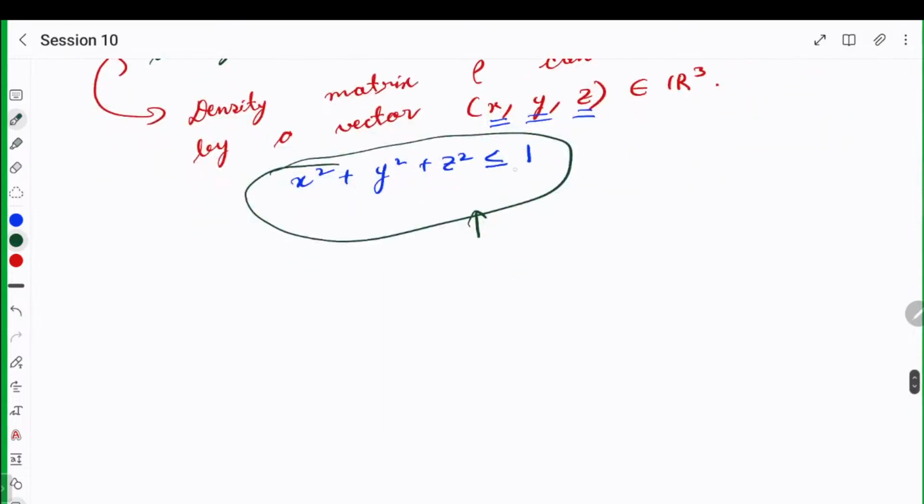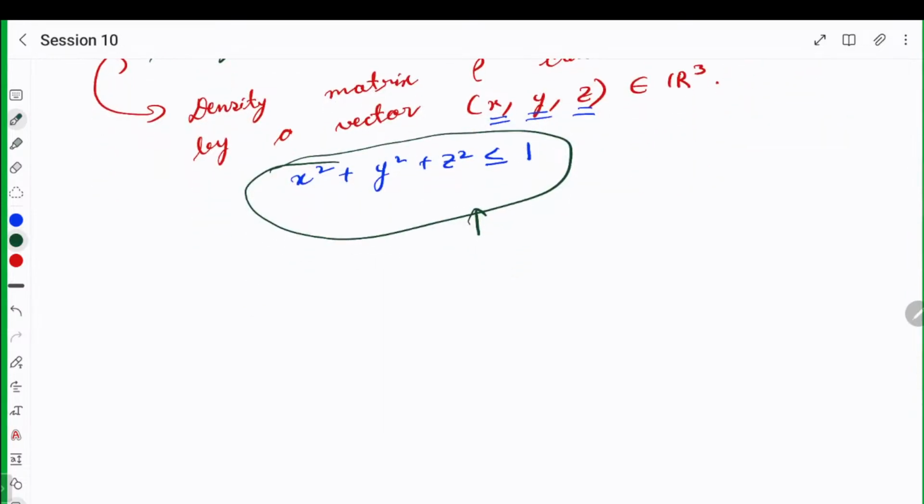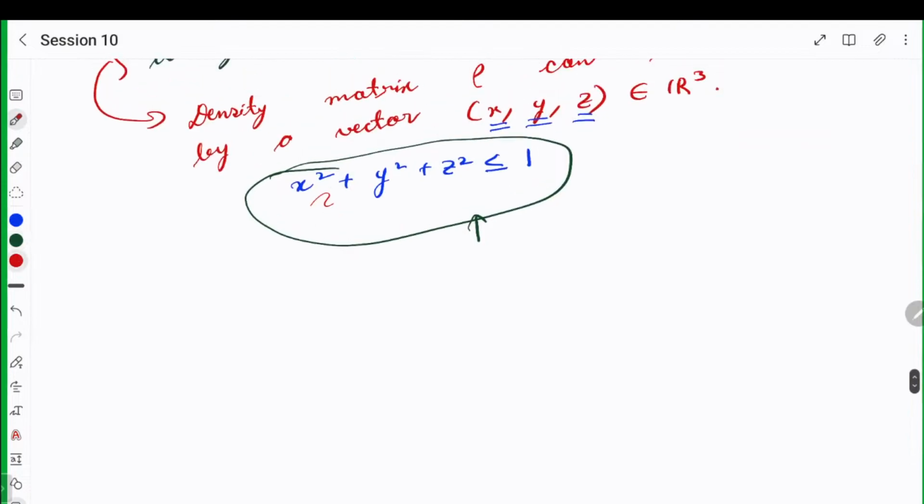So what does this mean? This means that they should lie within a sphere of radius 1, because x squared plus y squared plus z squared is nothing but r squared, where r is the distance of the point from the origin.